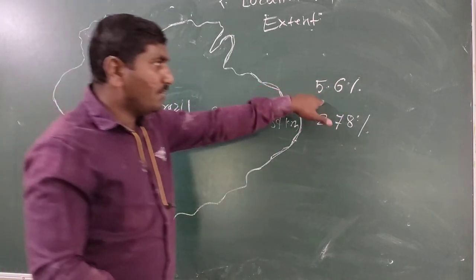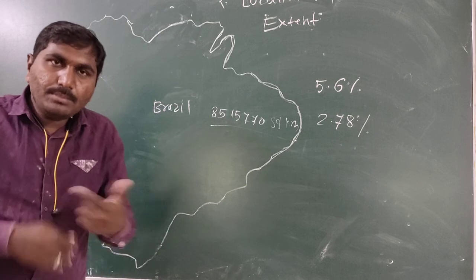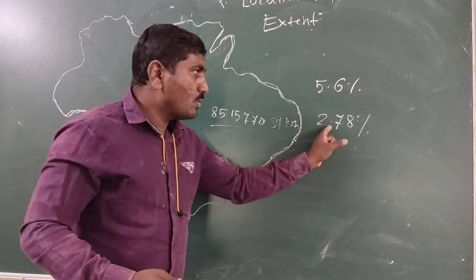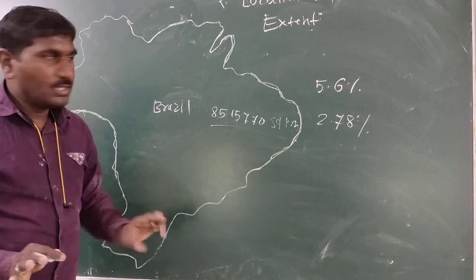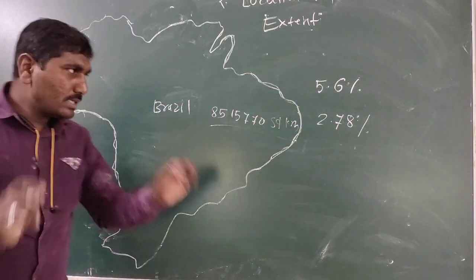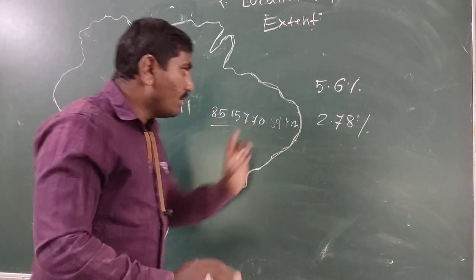And on this 5.6%, what percentage of population is living? That is 2.78%. So the area is more, but the population is less. Such a thing we can see about Brazil.